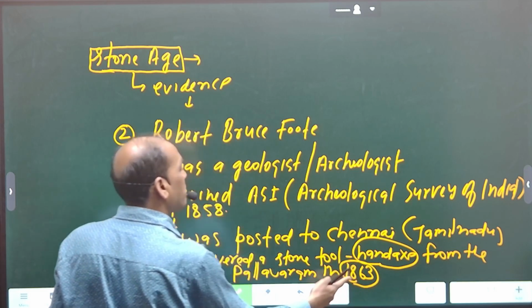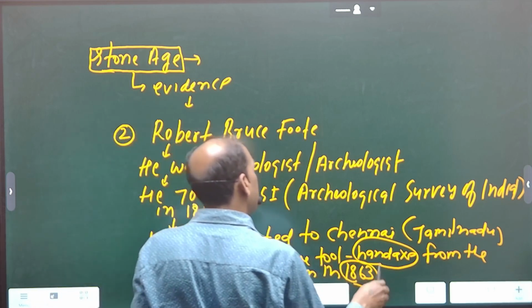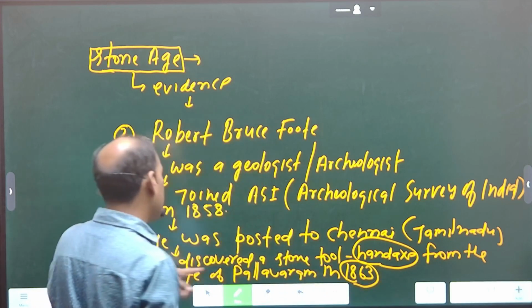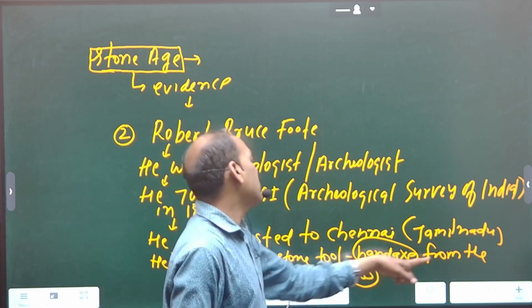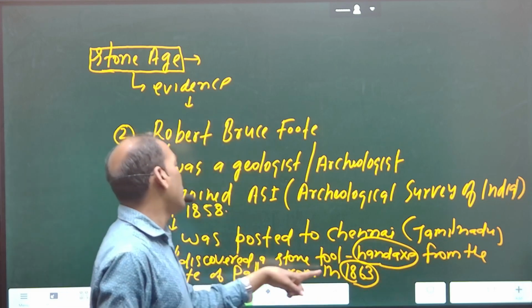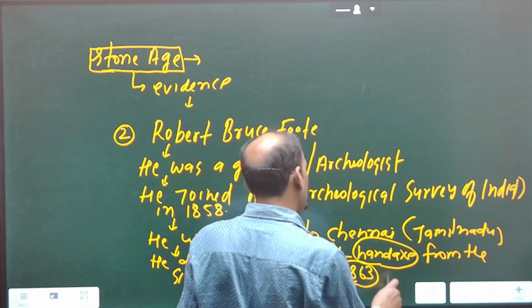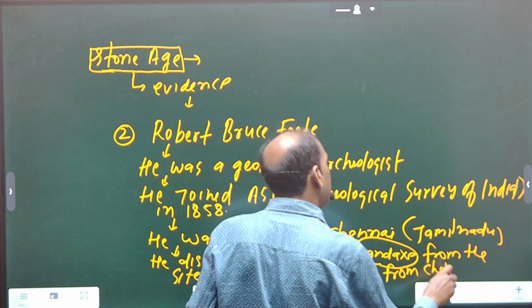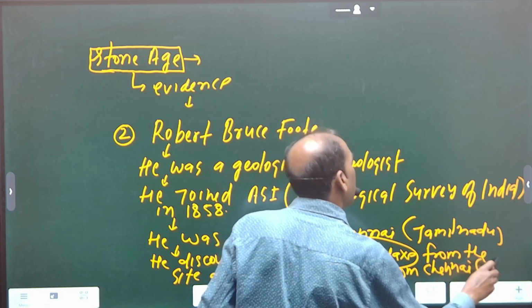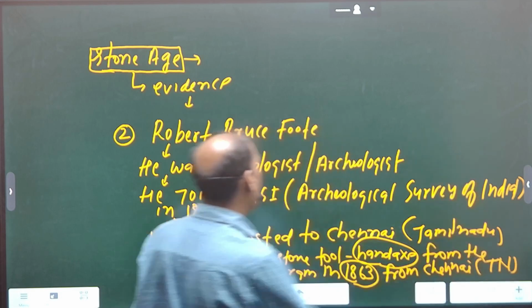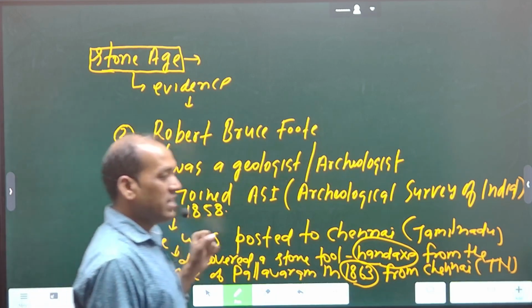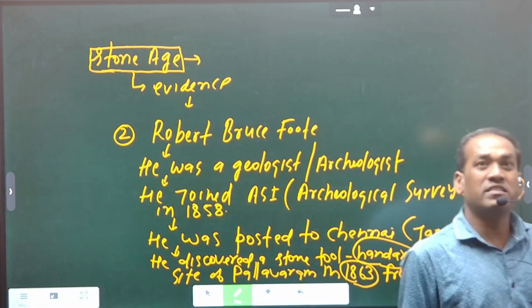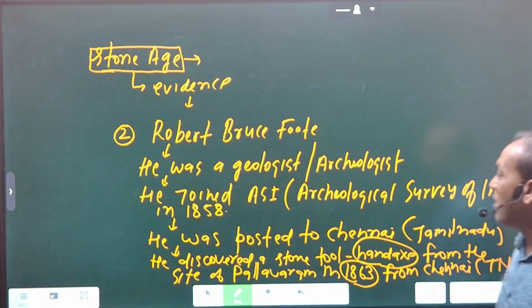This date is very important. In 1863, he discovered a stone tool, hand axe, from the site of Pallavaram from Chennai, Tamil Nadu. This is the second evidence that we found.